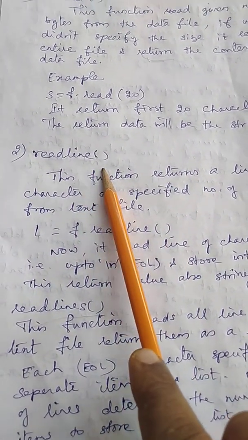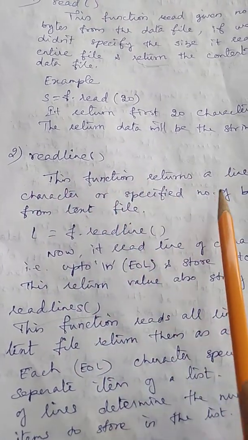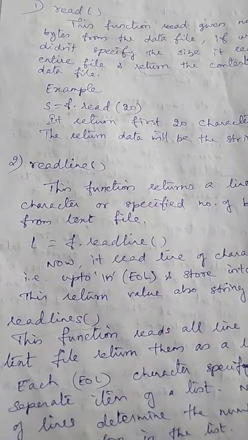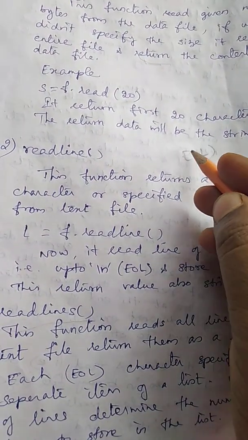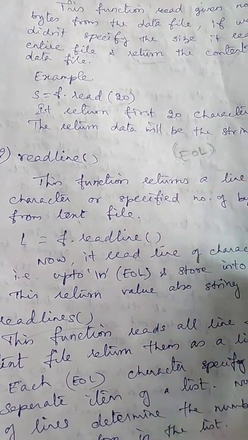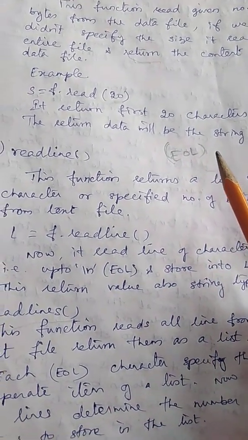Next, readline() function. This function will read one entire line, where the file can have EOL. We discussed about this, no? EOL is the end of line character, the line terminator in each line of the text file, no?